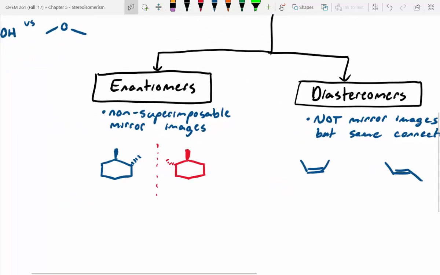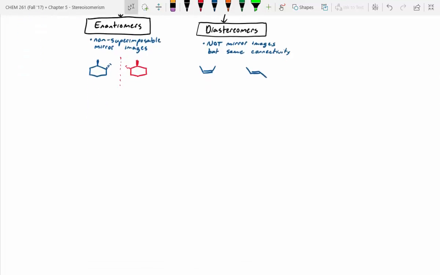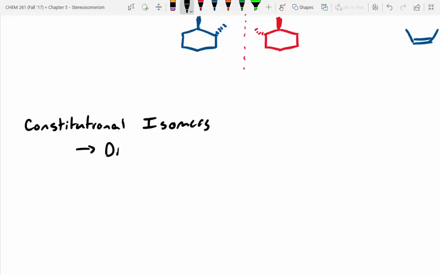So let's make a little note on how all of these are different. And down here I'm going to write down, all right, constitutional isomers. These have different physical properties.